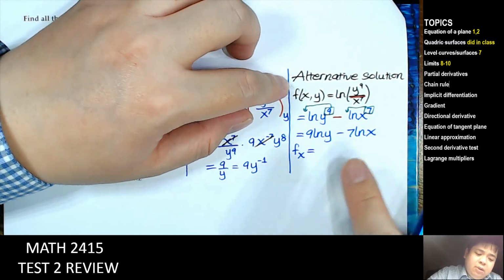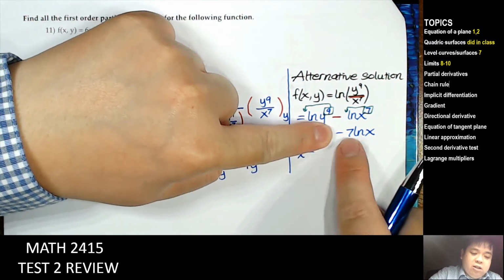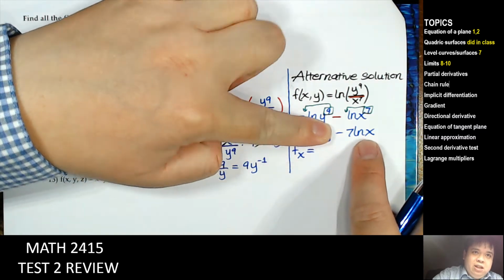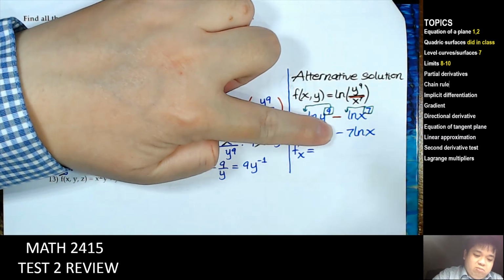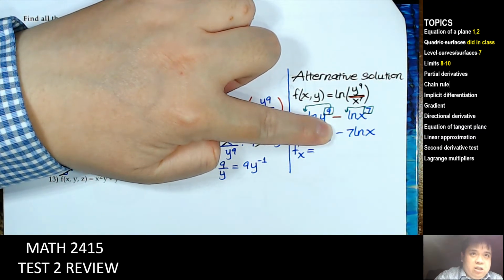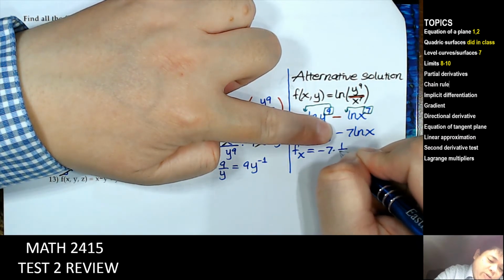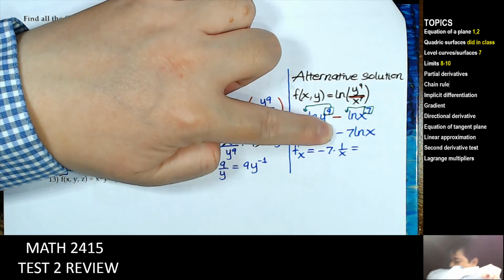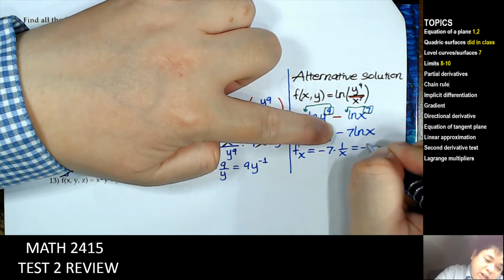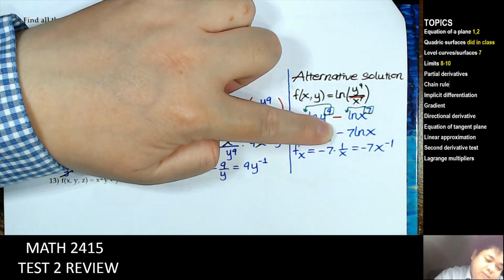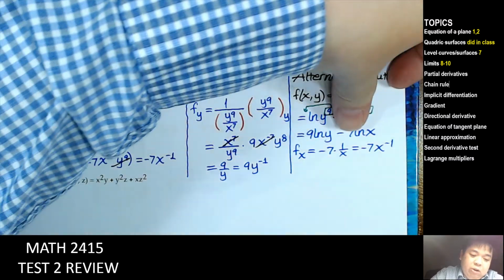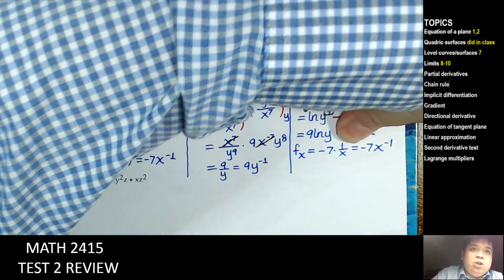Derivative with respect to x, then that y would be a constant. So we just need to take derivative of this. Because y is a constant, derivative of a constant is 0. So that is just negative 7, 1 over x for ln of x. So negative 7 x to the negative 1. And now derivative with respect to y, so x is constant.